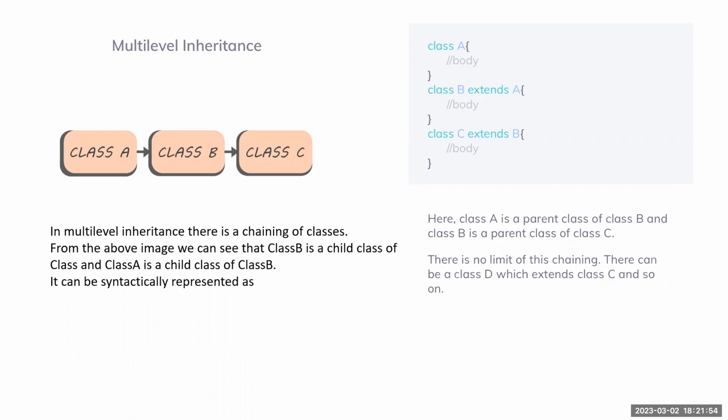But in multi-level inheritance, the last class, whichever you declared as a child class, can inherit the properties from class B and class A. So whenever you declare a C object, you can directly access the data members within the C class, and also within the B class, and also within the A class.